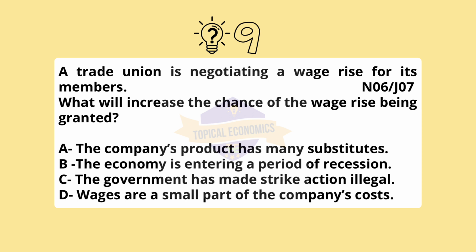So if the economy is entering a recession, or if the government has made strike action illegal, then these factors would likely decrease the union's bargaining power, and this would decrease the chance of the wage rise being granted. So the answer for this question will be option D, that is wages are a small part of the company's cost.